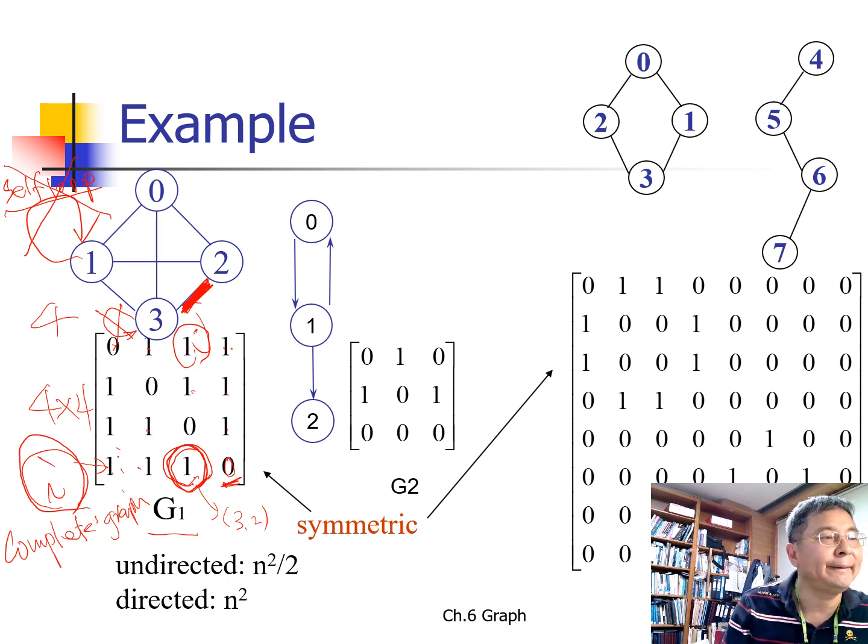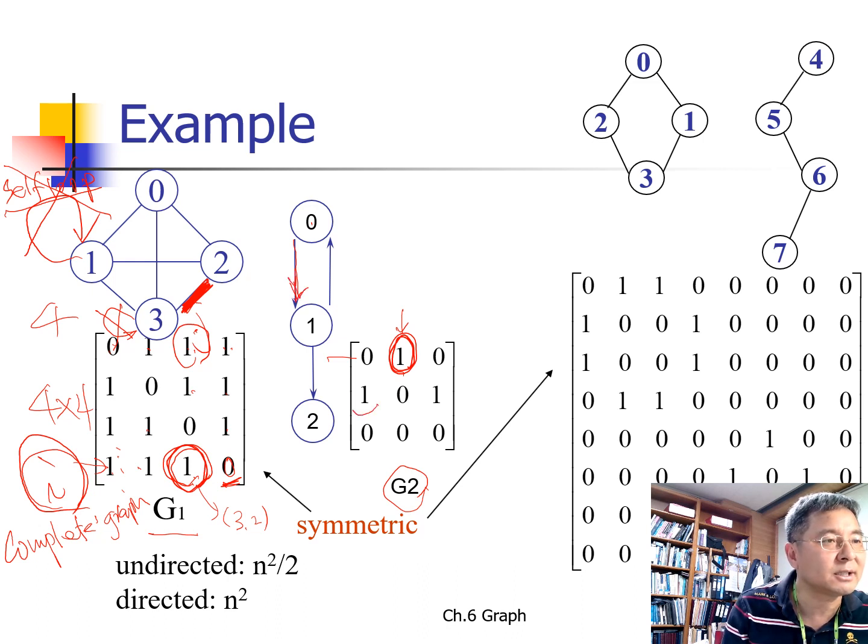And what about G2? G2 in this example is a directed graph. From 0 to 1, there is one edge here. This value 1 means that there is an edge from 0 to 1.